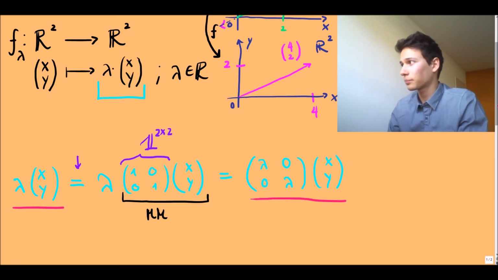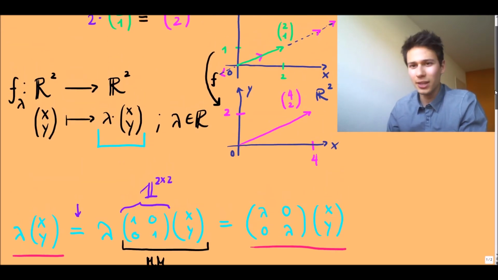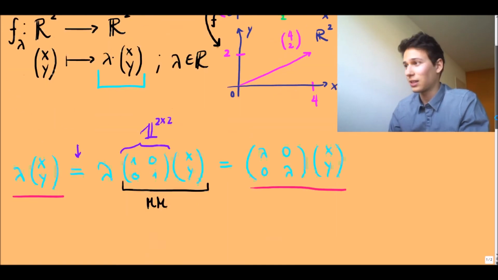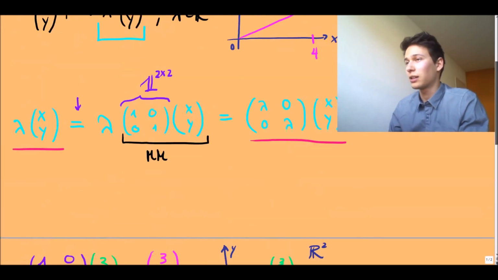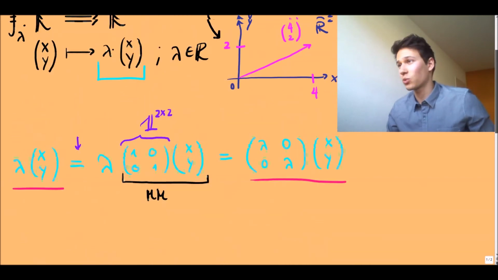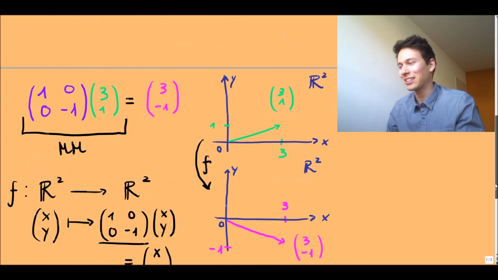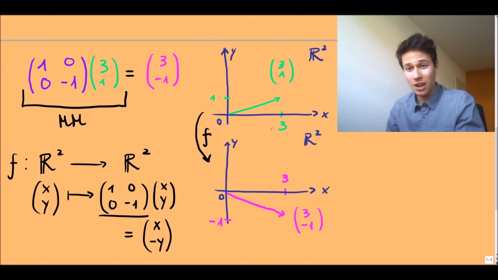So stretching and shrinking can also be described by matrices. In fact, you can describe shrinking and stretching by matrices. You can describe mirroring. You can also describe rotations.